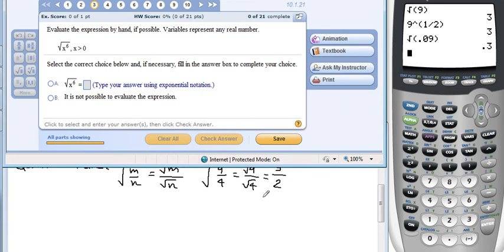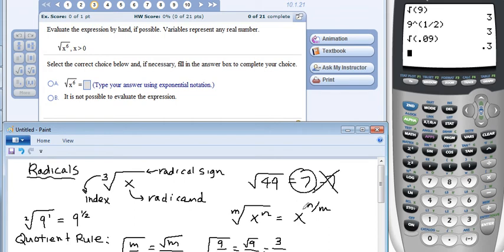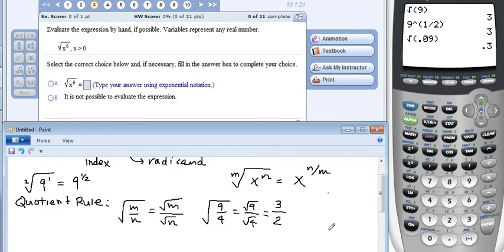So some of these are going to be really simple. Alright, so this one, let's take a look at what we've got going on. I have the square root of x to the 6th power. Well, I know there's a 2 in here, so I'm going to write it in there. Okay? And I'm going to use my conversion because I can't use my calculator.